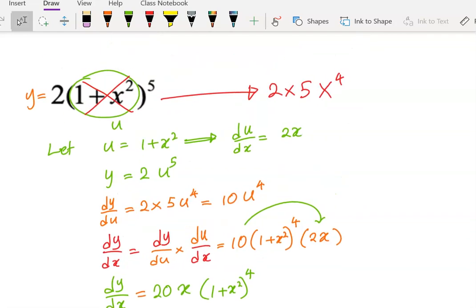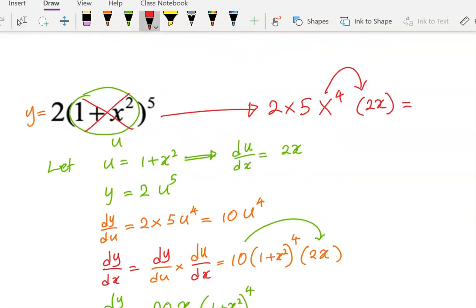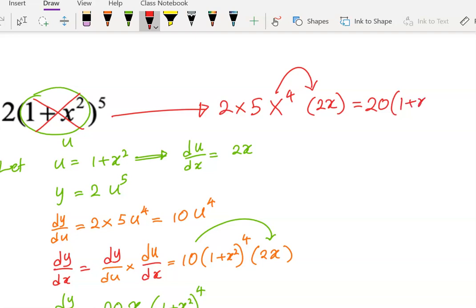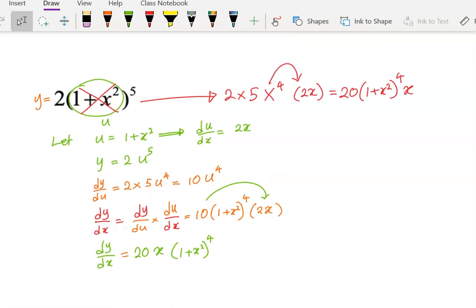And of course the inside comes outside, that is the derivative of uppercase X, in this case 2x, that will go with 2 times 5 times 2, that will deliver the value I need, which is in fact 20, what I had before, and my big X is 1 plus x squared to the power 4, and of course I am left with an x at the end, which is exactly the same solution I got. I hope you got this.